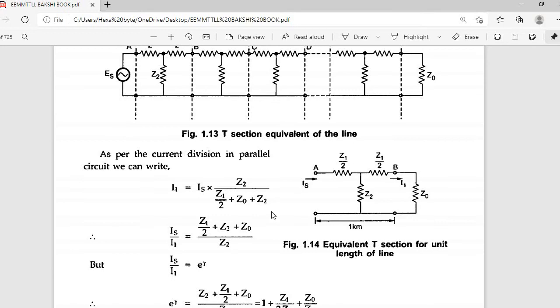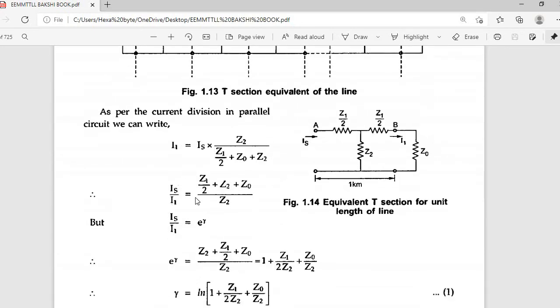We know the current division formula: total current into that particular resistance by total resistance. So IS by I1 is equal to Z1 by 2 plus Z2 plus Z0, all over Z2.